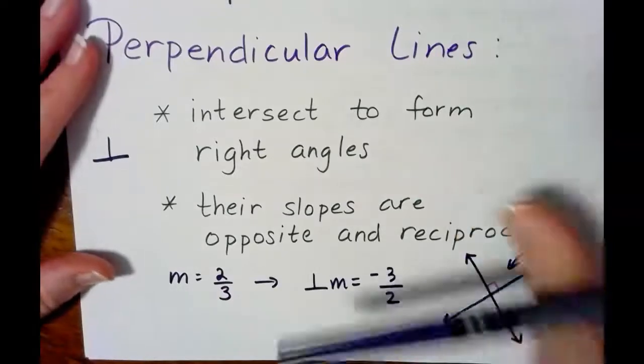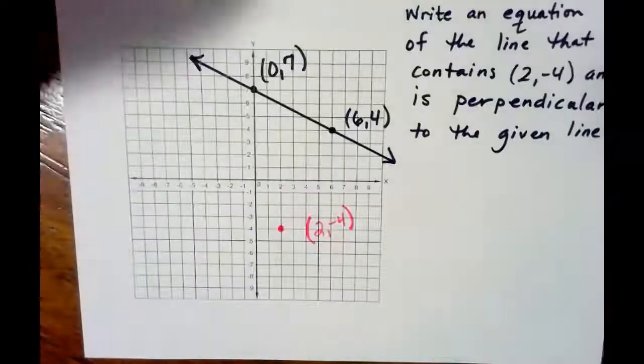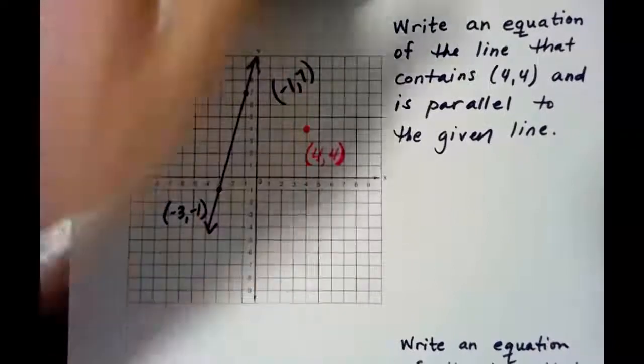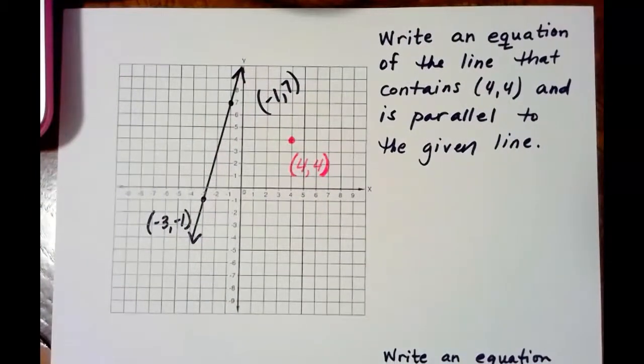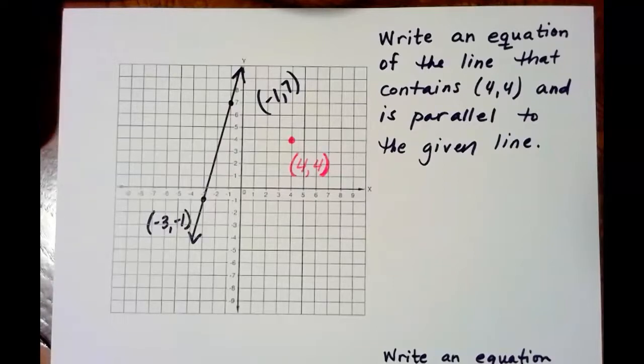So I've got two examples for us to work through. So here's the first one. Write an equation of the line that contains the point (4, 4) and is parallel to the given line. The first thing we need is the slope of the given line. Since it's on the graph, we can just count it.